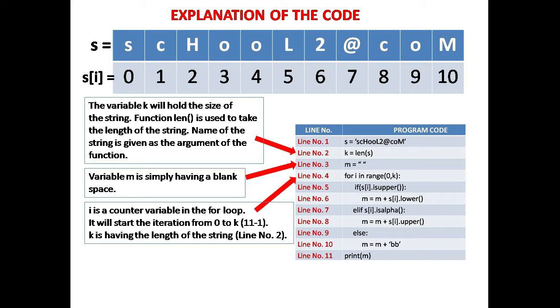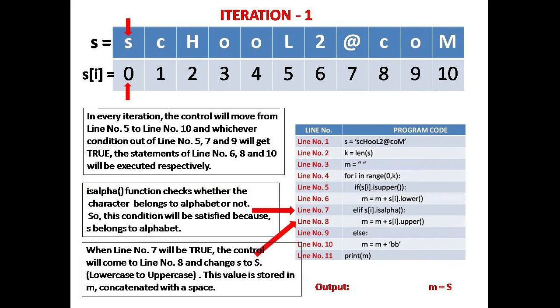That means the value of k is 11, and in range you know that it stops one step prior to the value, so it will stop at 10. And if you see it in the slicing that I have shown you in the previous slide, 10 means the last character, that is m. So let's start with iteration 1.